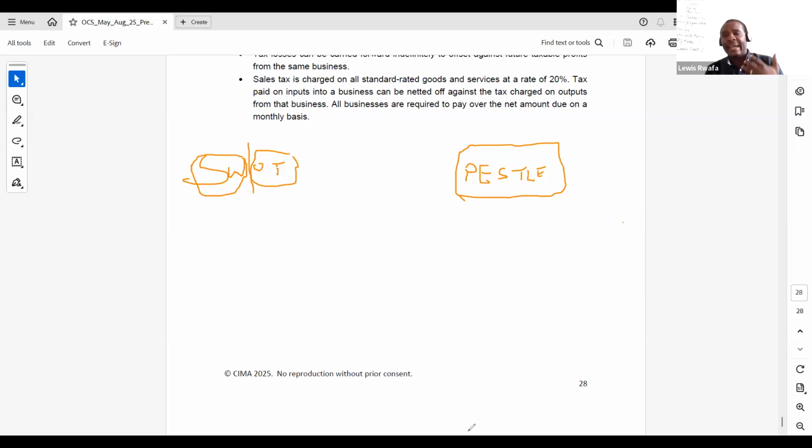Then technology. What I like about that is it has actually influenced CIMA to look at it in the new syllabus updates. There's a huge aspect of AI there. So look at how AI can be integrated by Halfpenny.